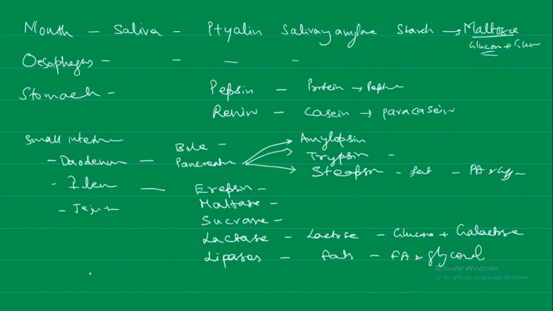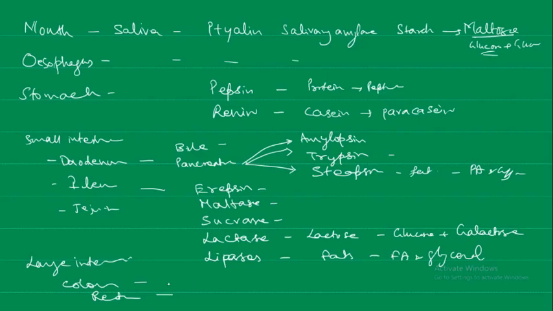After the assimilation has taken place in the small intestine, the food has to enter into the large intestine. In the large intestine there is a colon and a rectum. In the colon there are no enzymes, in the rectum there are no enzymes.